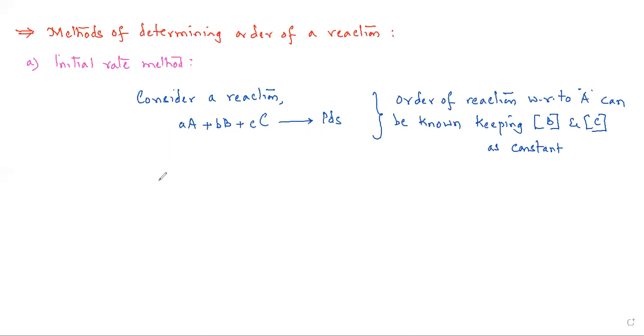Now, let us take it this way. R0 is the initial rate, which can be given as directly proportional to A0, I mean the initial concentration of A, to the power a.